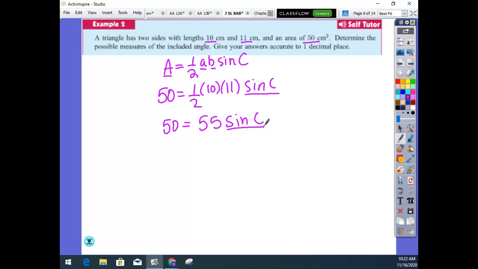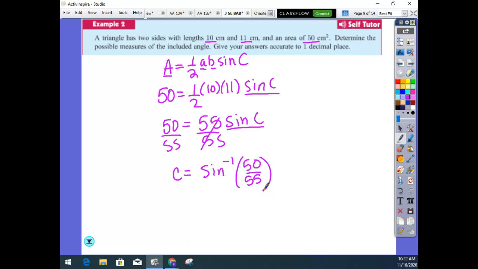Then to get sine of C by itself, divide both sides by 55. So angle C equals sine inverse, because I'm looking for an angle, of 50 over 55.